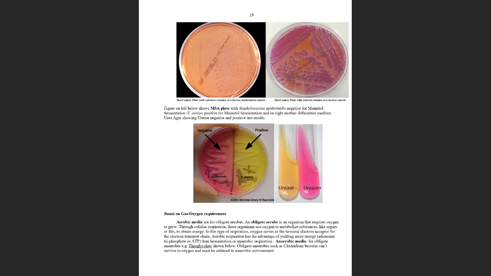Facultative anaerobe bacteria are basically aerobic, meaning they love oxygen. They do much better when they are growing in the presence of oxygen. However, if you take them out of an oxygen environment and put them in an anaerobic environment, they will do just fine. They will not die.